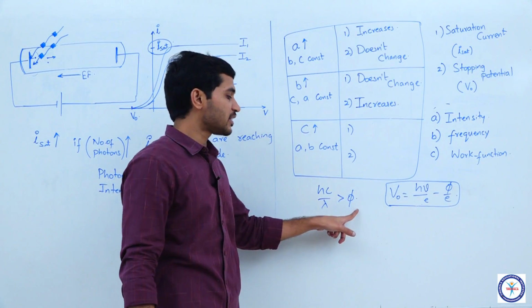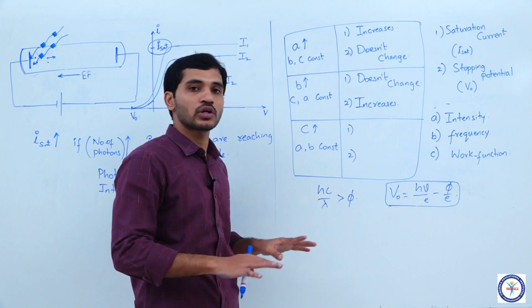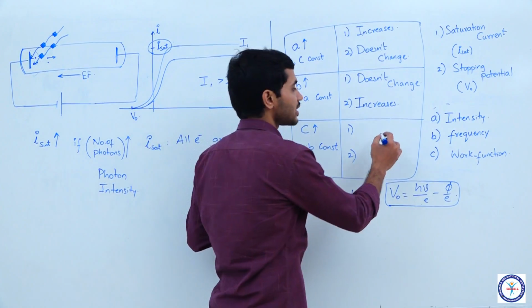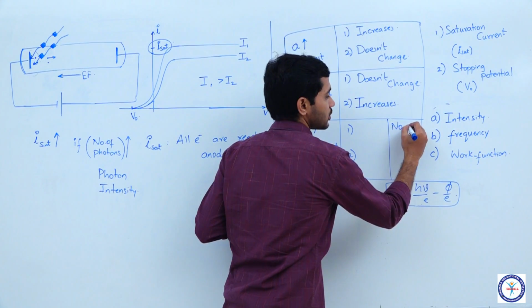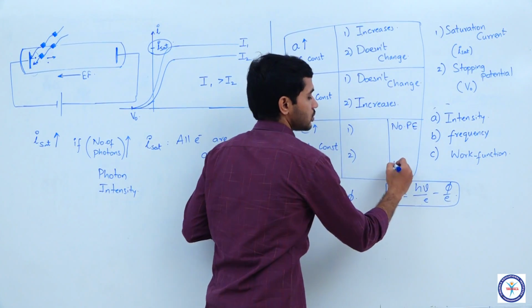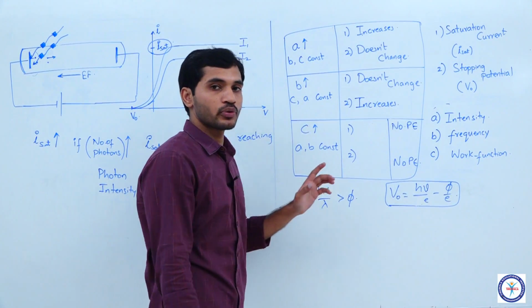Because you are increasing phi, there might be a situation where this might not happen. So, in that case we can say: no photoelectric effect. I hope you understand this.